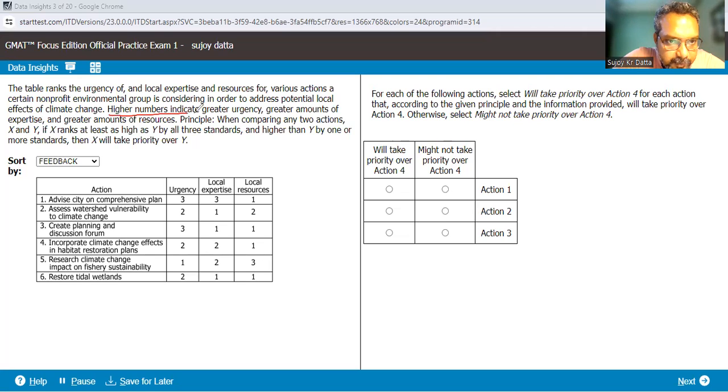Yeah, see here, higher numbers indicate greater urgency, greater amounts of expertise, and greater amounts of resources. So 1 versus 4, higher urgency, higher expertise, same resources.